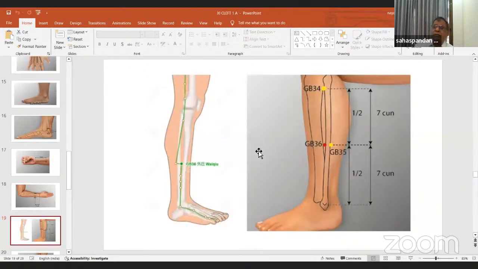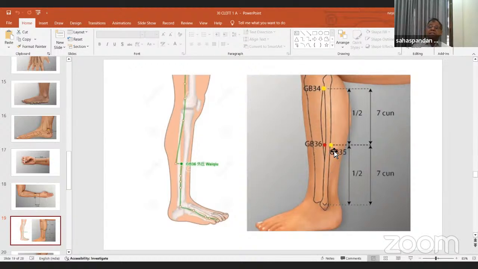Then gallbladder 36. This is the gallbladder 36, in between the tibia and fibula bone, 7 chun above the tip of the lateral malleolus.